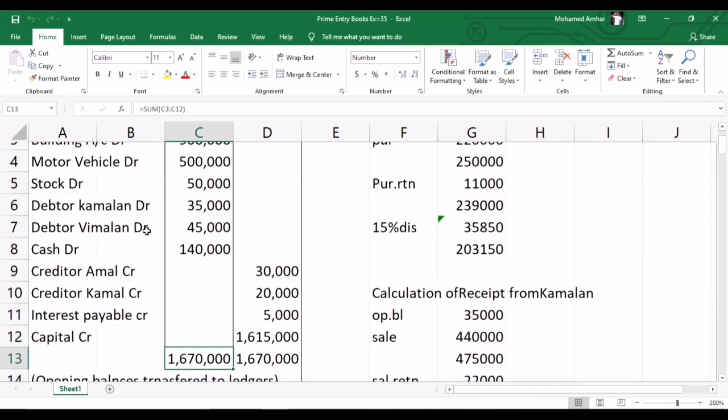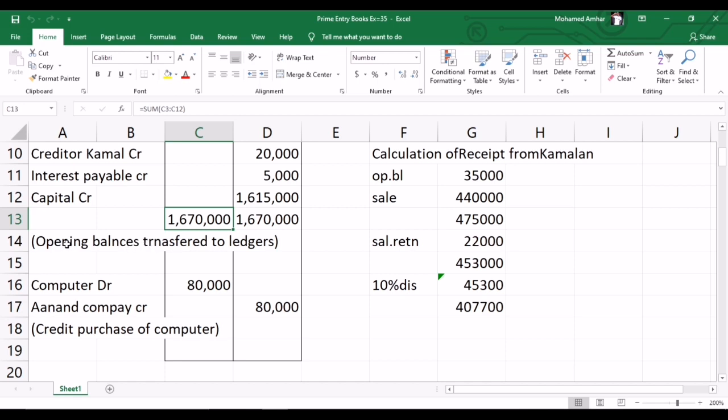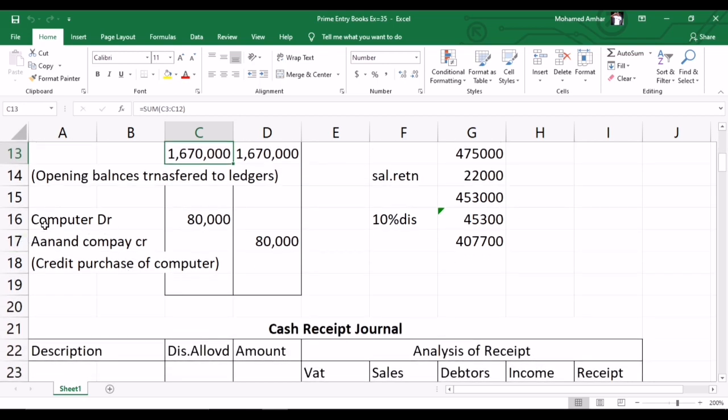This is the general journal. Under the opening balances, write the narration: opening balances transferred to ledgers. Now the second entry: computer account debit 80,000, Anand company credit 80,000.